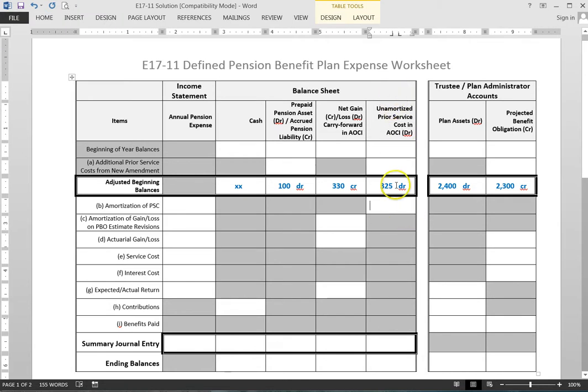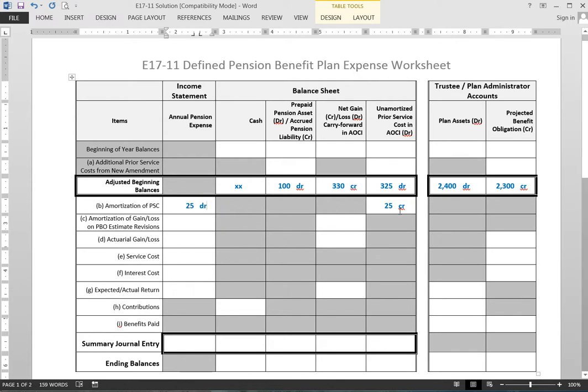Since that is a debit balance account, remember that amortization means I want to reduce the balance of the account. So that means I'm going to place a $25,000 credit entry. I need a corresponding $25,000 debit entry then in the pension expense account.